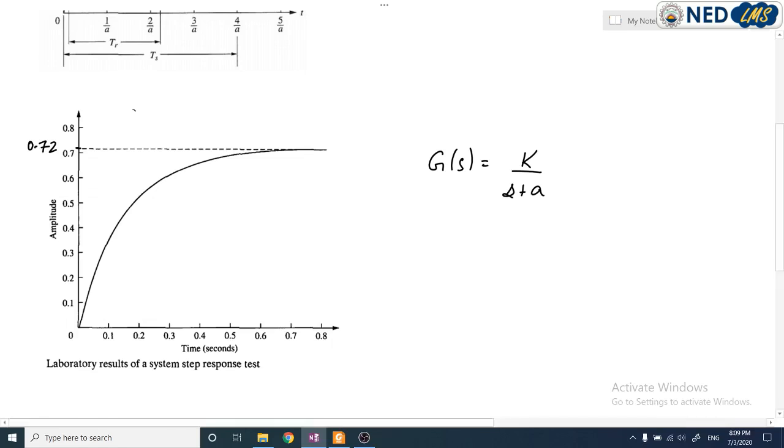and we know that the time constant is the time required by the output response to reach 63% of its final steady state value.